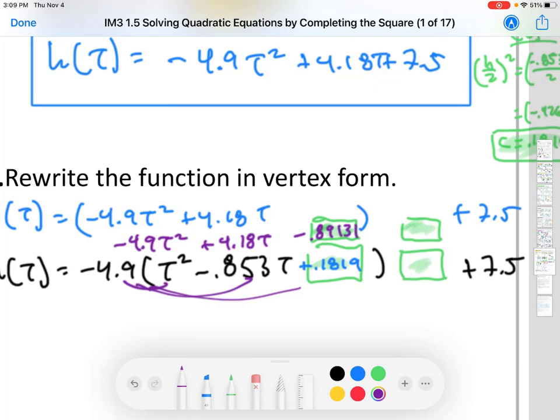So that means this will become a positive 0.89131. And that's why here in this next line, they are not the same numbers.